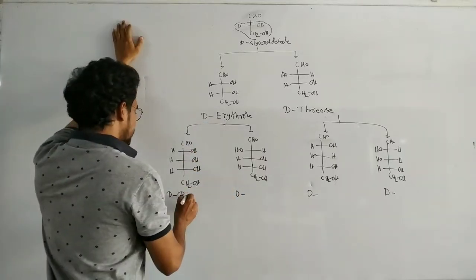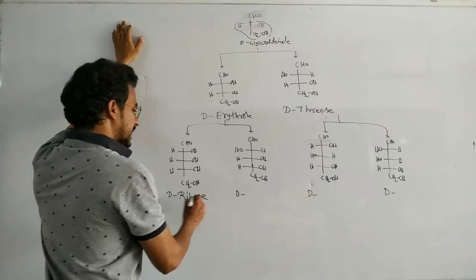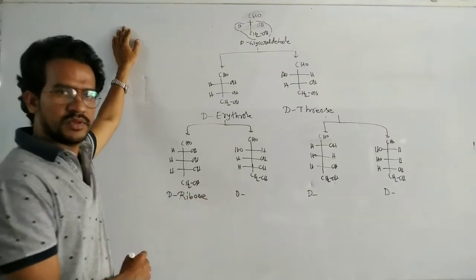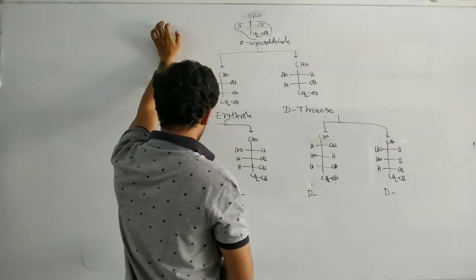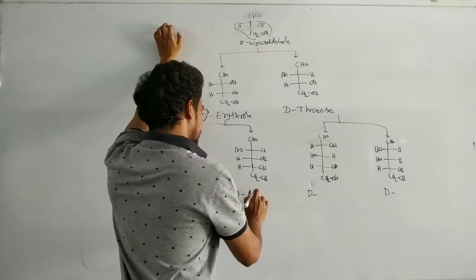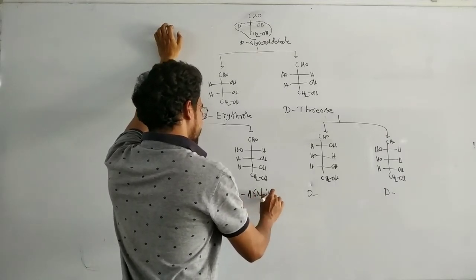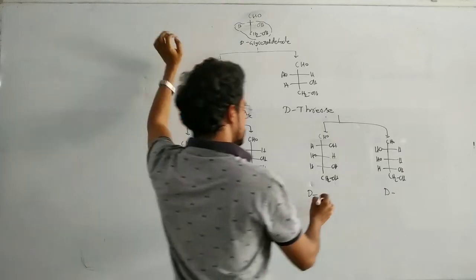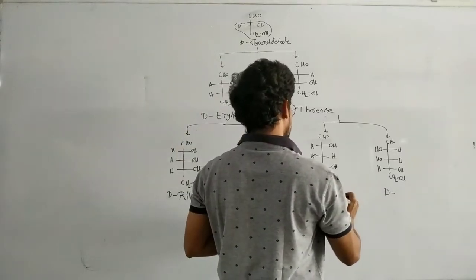it is a ribose. This is ribose. This is arabinose. This is xylose.